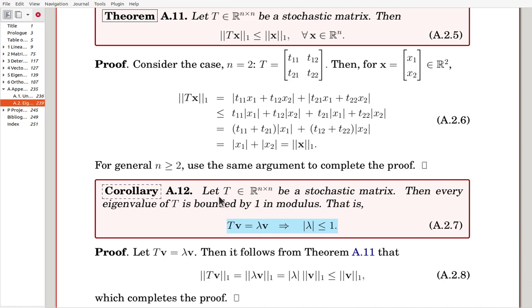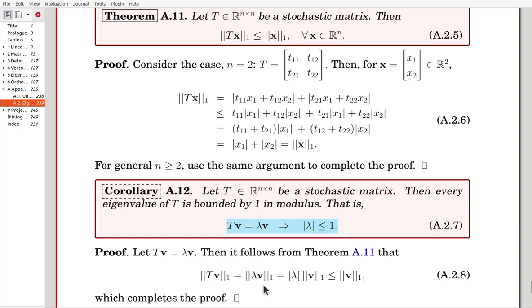As a corollary of the theorem, we have this one. If T is a stochastic matrix, then every eigenvalue of T is bounded by 1 in modulus. That means that if we have Tv equals lambda v, then the absolute value of lambda is bounded by 1. Now, it can be easily proved. We start with Tv equals lambda v. Then here the 1-norm of Tv is the same as the 1-norm of lambda v.